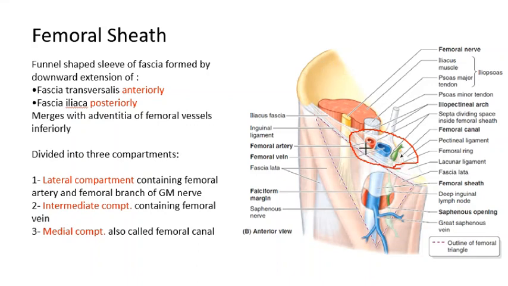If you have time, look that up. And in that space, there are two compartments, one that contains the contents of the femoral sheath, and another that contains this muscle, the iliopsoas muscle, and the femoral nerve. So that's for the femoral sheath.